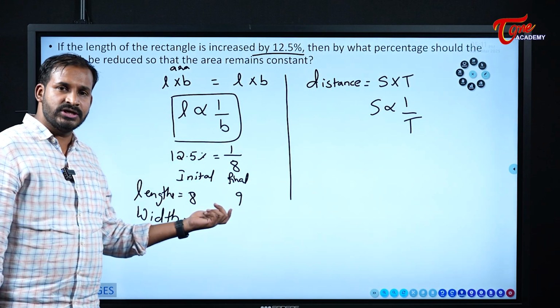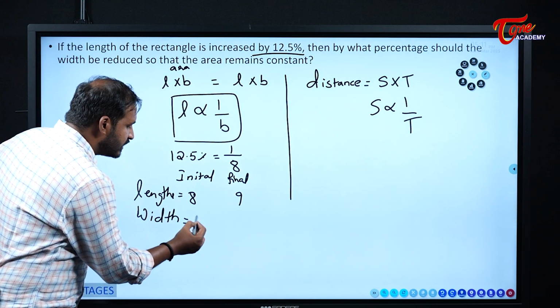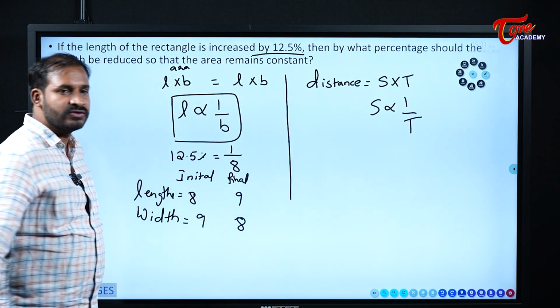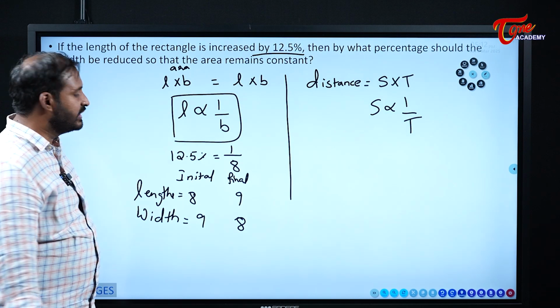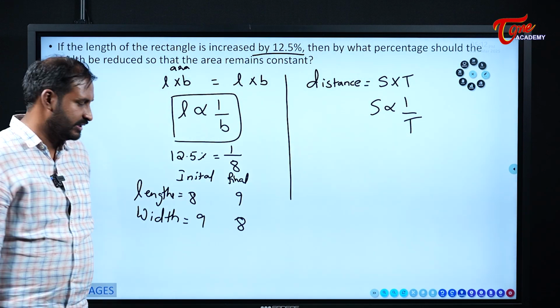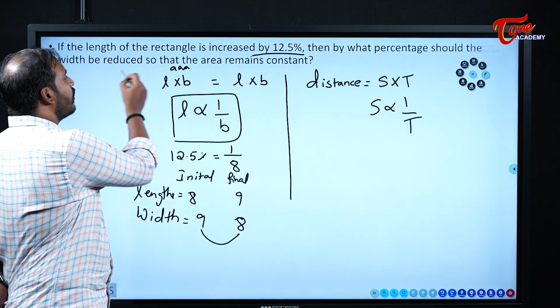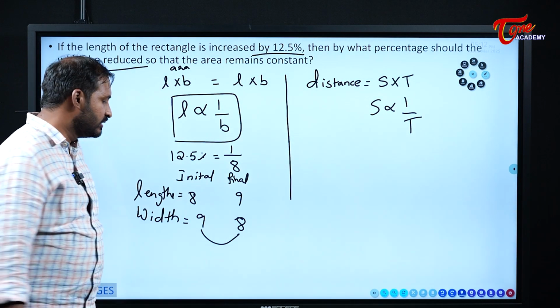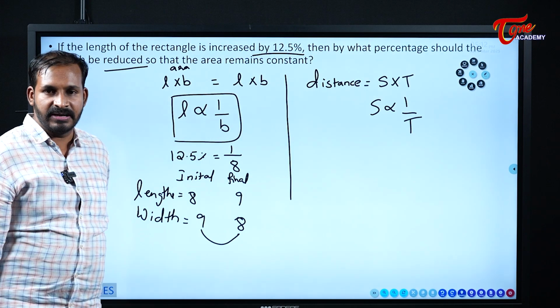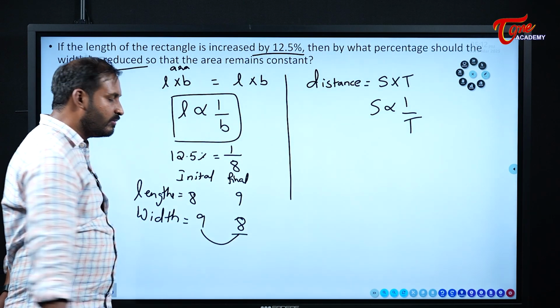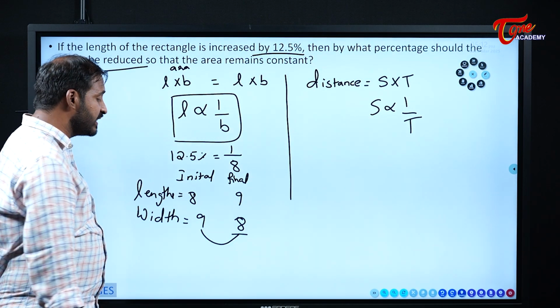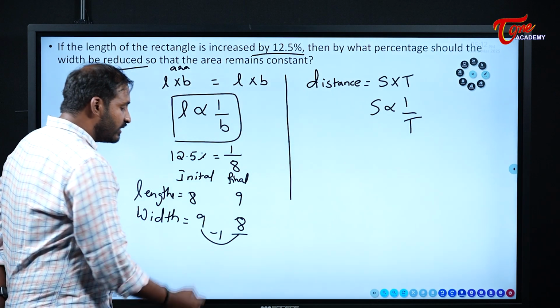So if length ratio is 8:9, what about their width ratio? It will become 9:8. So they are asking us the width should be reduced by how much so that the area remains constant. Now actually width is how many parts? 9 parts. But it is reduced to how many parts? 8 parts. So what have you done here?